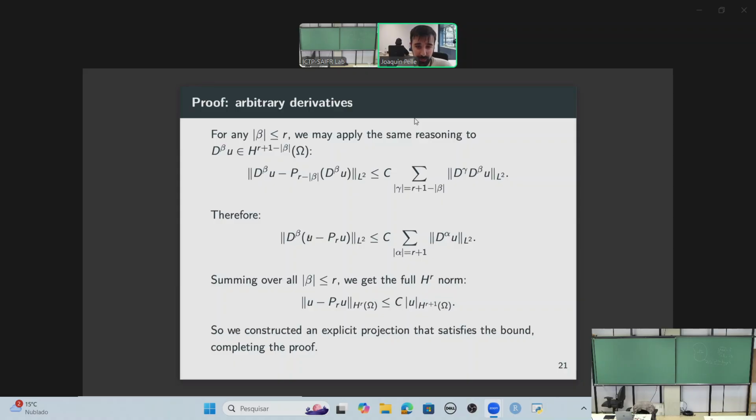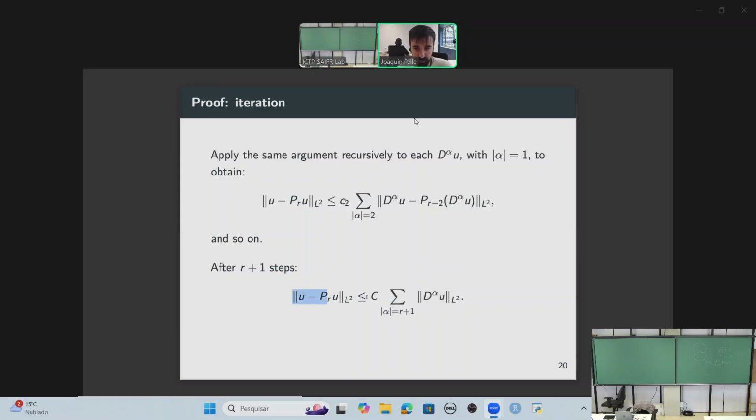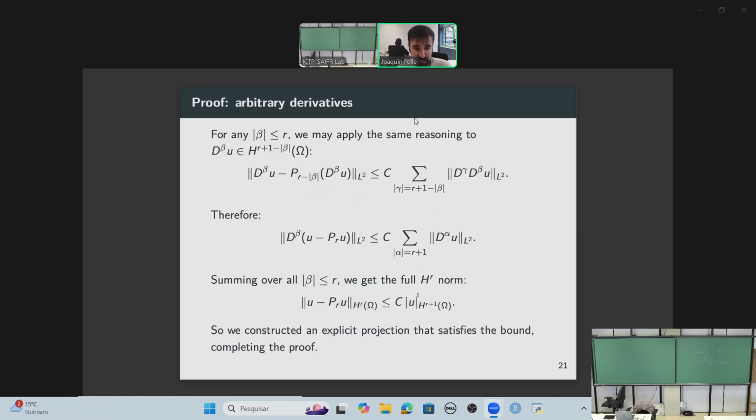So putting everything together, let me go back. We have this bound here, bounding u minus its projection by a sum over the derivatives of order r plus 1. We have the same for the derivatives of u minus its projection, again bounded by the same thing.